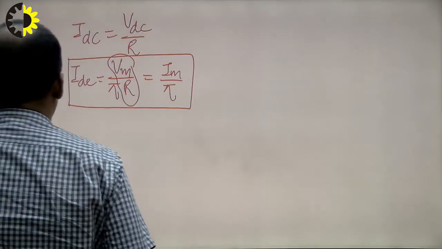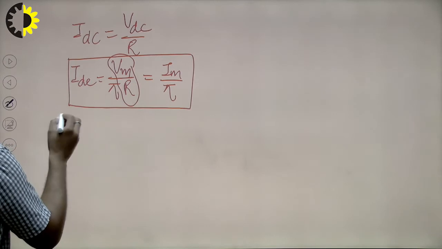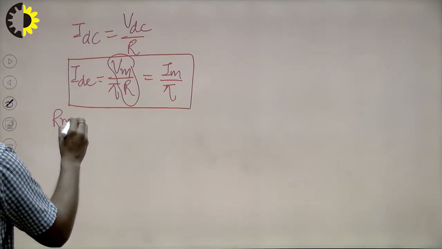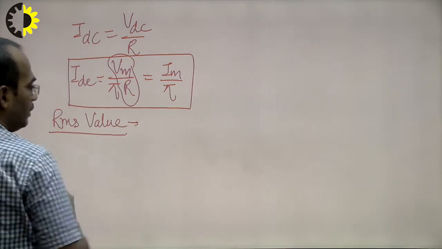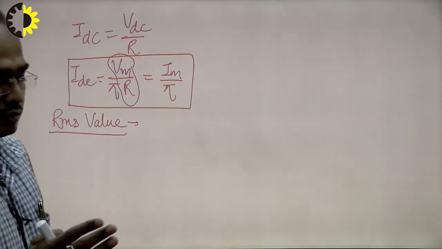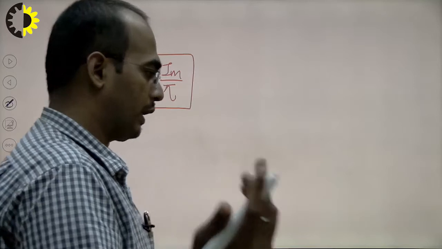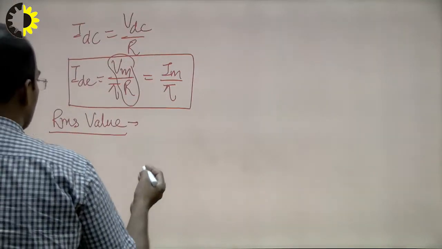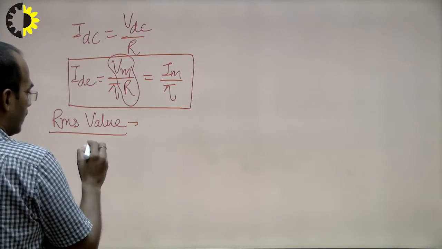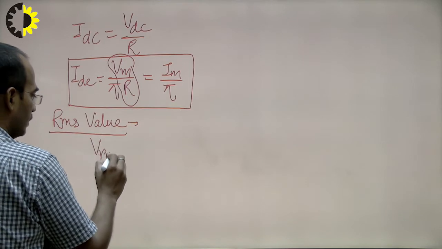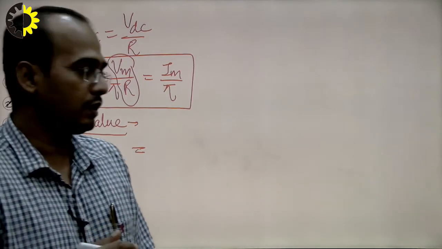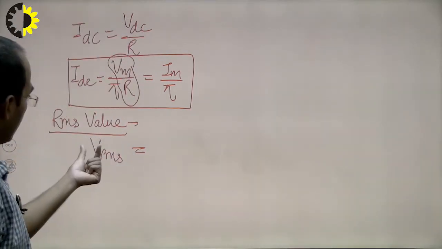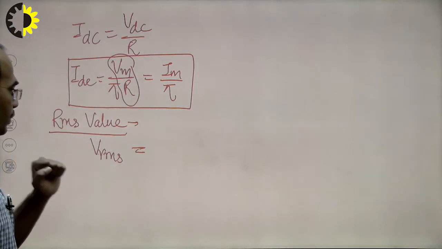Now, come to the RMS value. RMS value in terms of voltage or current, any parameter I can find. For finding the RMS value of the voltage or current, it is clear that RMS is nothing but root mean square.